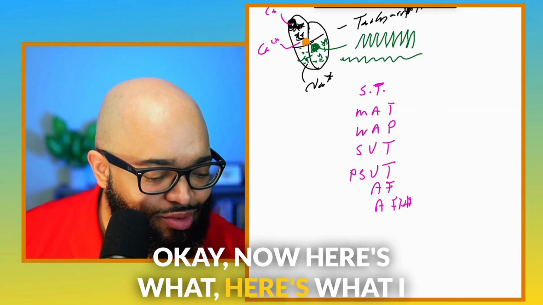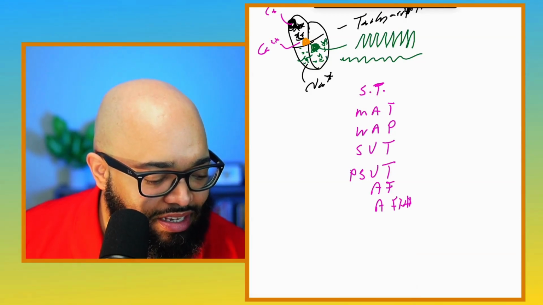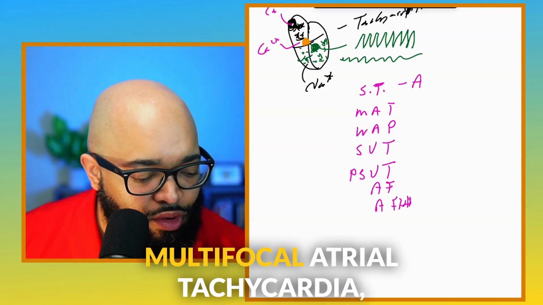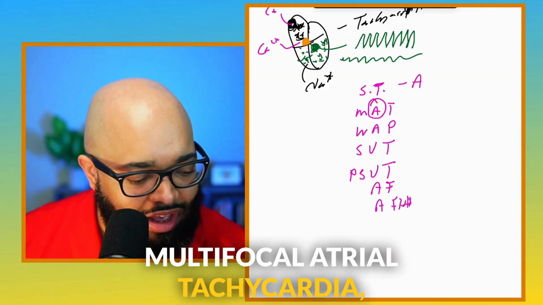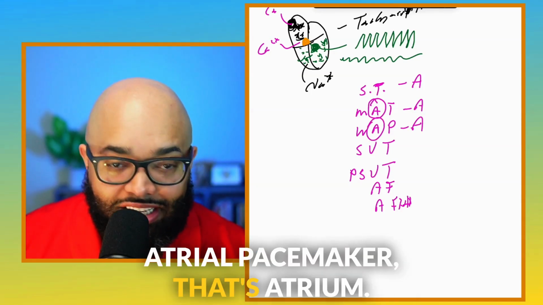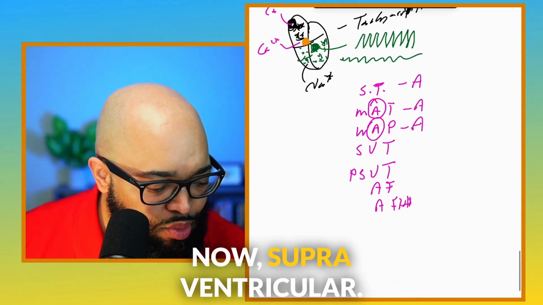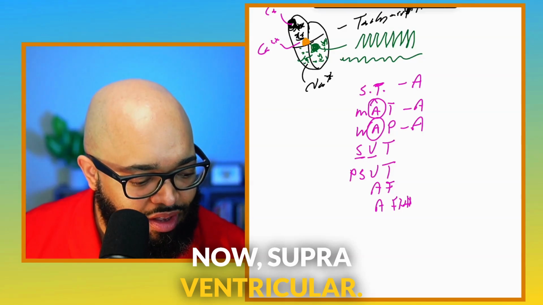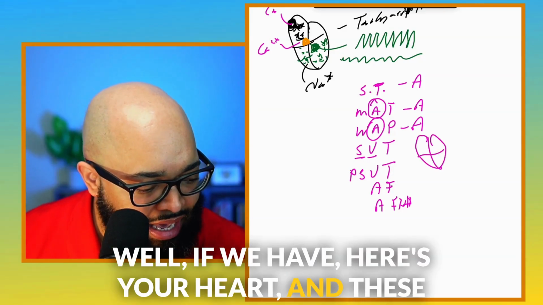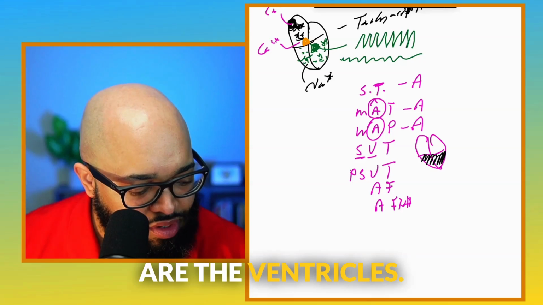Now, here's what I want to show you. Sinus tach is in the atrium. Multifocal atrial tachycardia, obviously that's atrium. Wandering atrial pacemaker, that's atrium. Now, supraventricular. Well, here's your heart, and these are the ventricles.